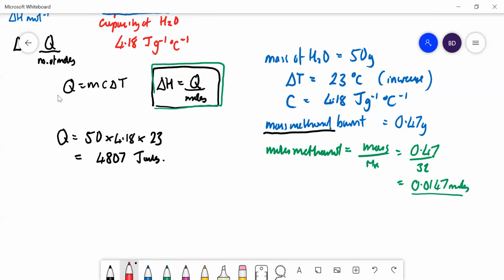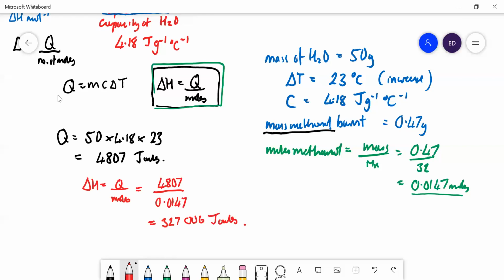Okay, so delta H is equal to Q over moles, which is 4,807 divided by 0.0147. I'll just do that in a calculator, and that is 327,006 joules.